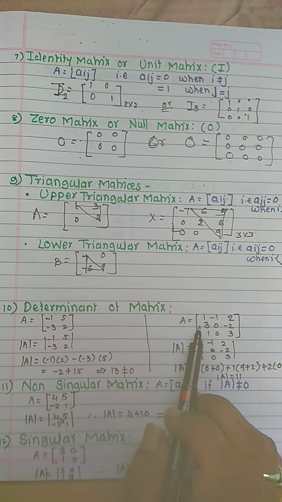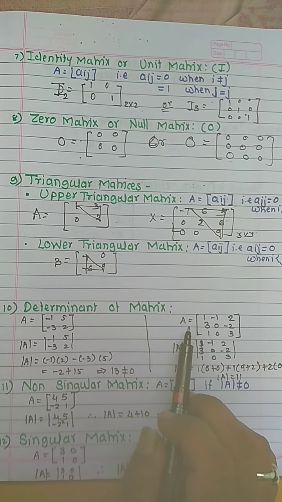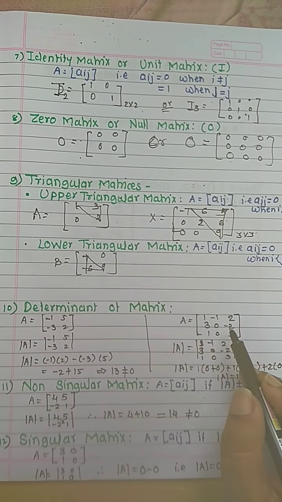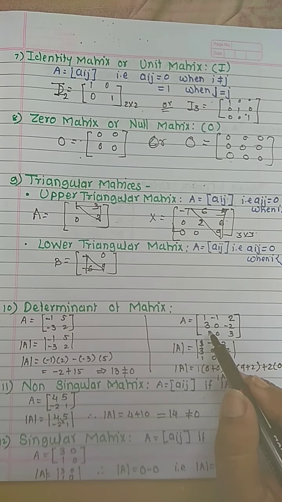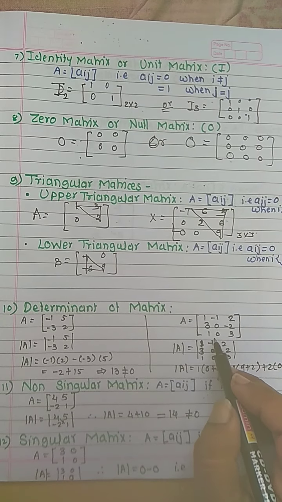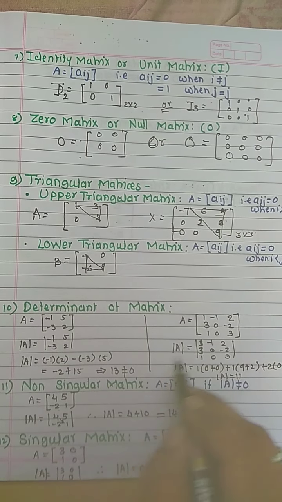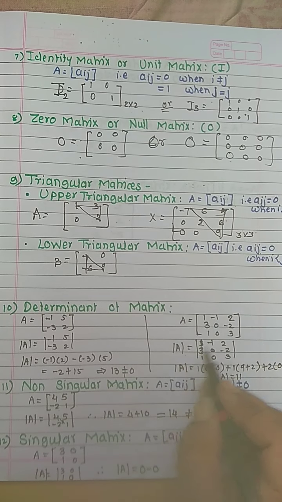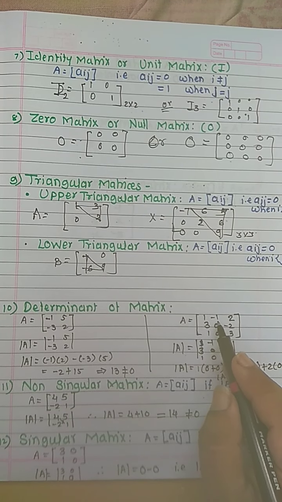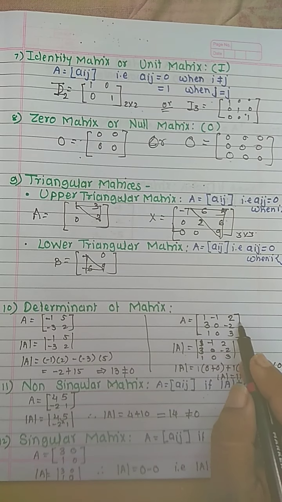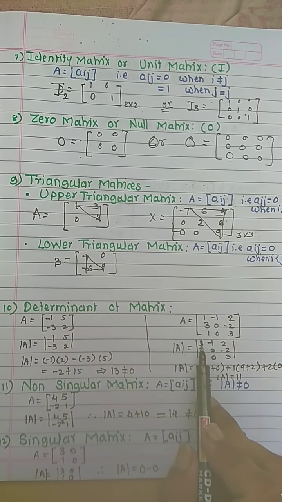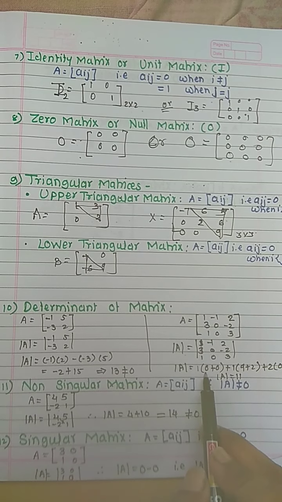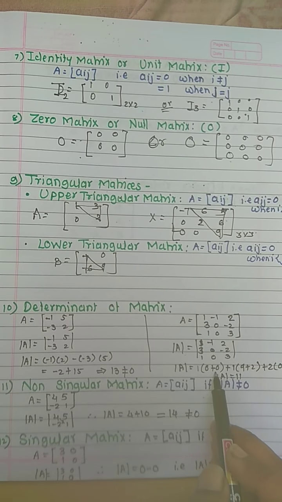Similarly, taking the second example of order 3, A equal to the matrix with first row elements 1, minus 1, 2, second row elements 3, 0, minus 2, third row elements 1, 0, 3. Now taking the determinant, these elements in two vertical lines, and simplify this equation. 1 into 0 into 3 is 0, minus 2 into 0 is 0.